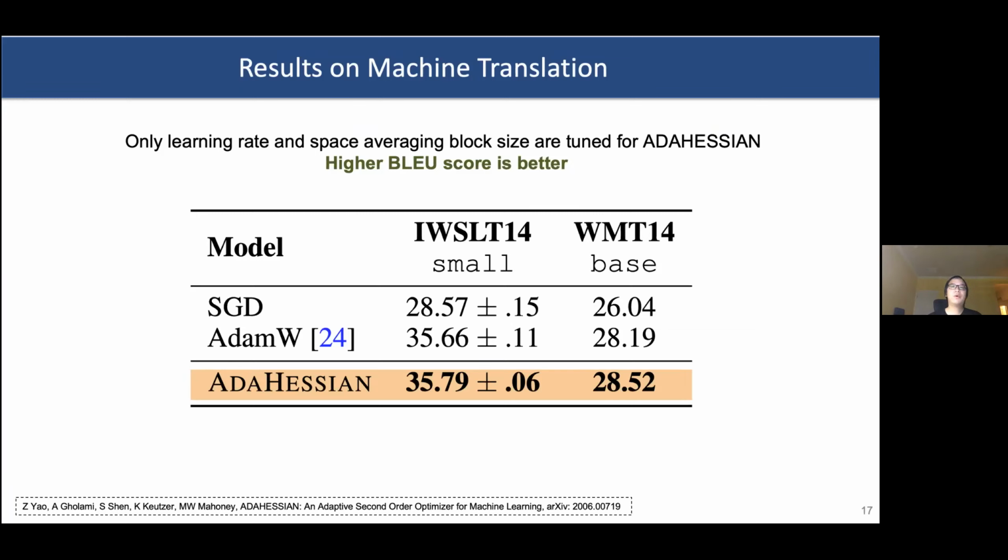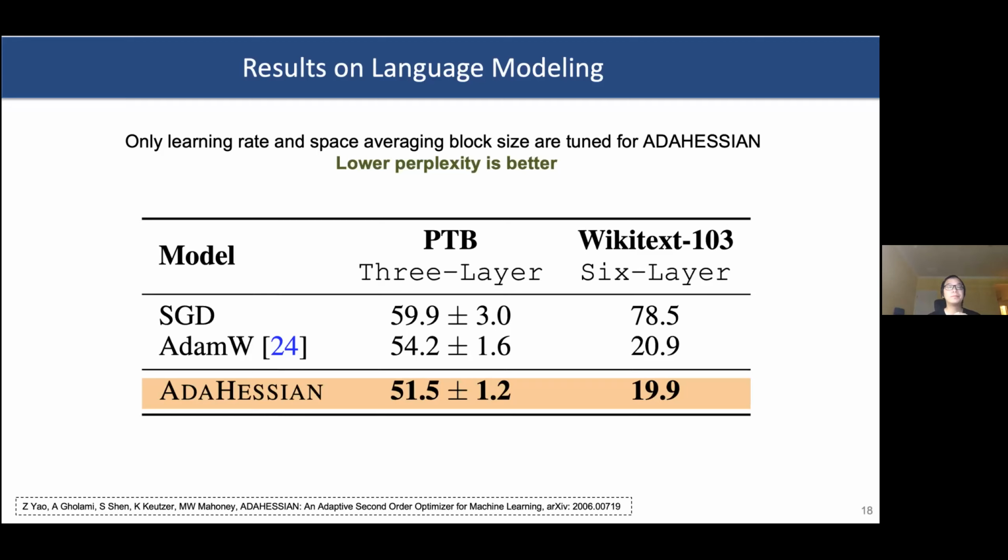And then you may wonder if we cherry-picked these tasks for AdaHessian to beat SGD and ADAMW. So we also show examples on language modeling, another NLP task, but roughly the same transformer model. As you can see, the same thing happens for SGD. It performs much worse than ADAMW.